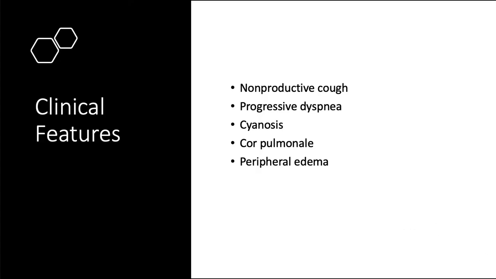Idiopathic pulmonary fibrosis usually presents with the gradual onset of nonproductive cough and progressive dyspnea. On physical examination, most patients have characteristic dry or Velcro-like crackles during inspiration.